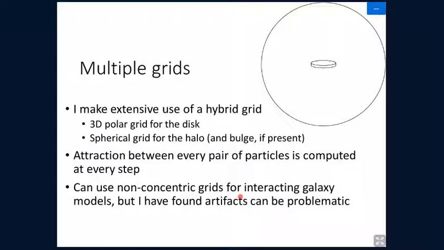I have tried this a few times, and I have never been completely convinced that the code is doing the dynamics properly, at least as the two galaxies begin to merge, then all sorts of strange forces can arise. I have never published anything that uses the code in that way, and it's a capability which I think you need to be careful of if you want to use it.